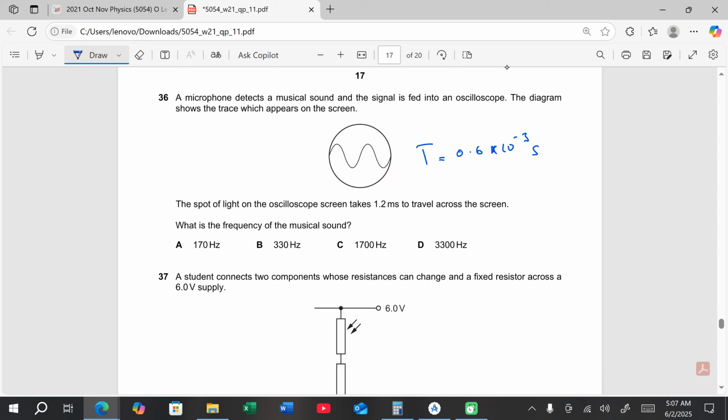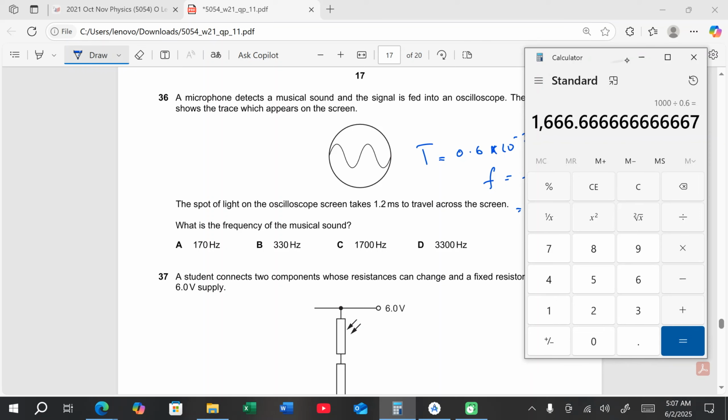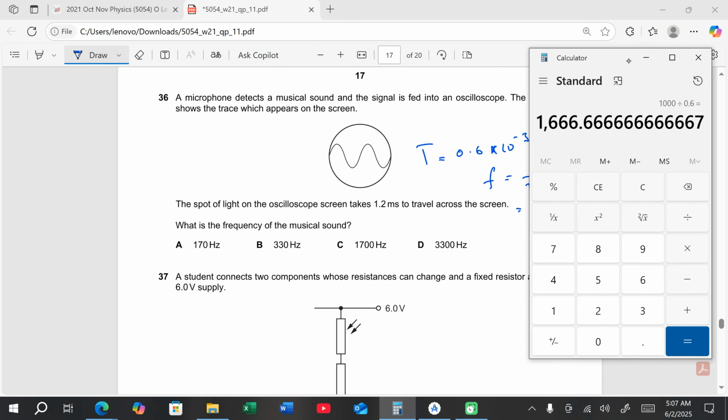So this is the time period. Frequency is 1 over T, so this is 1 over 0.6 times 10 to the power of minus 3. That is 1000 over 0.6, which is almost 1700 hertz.